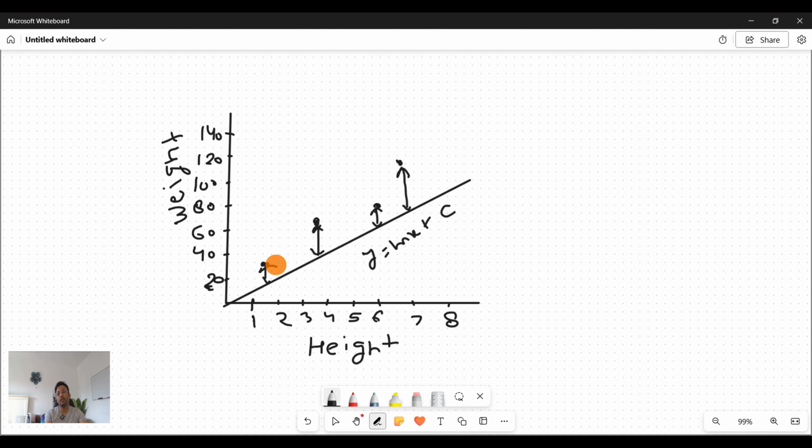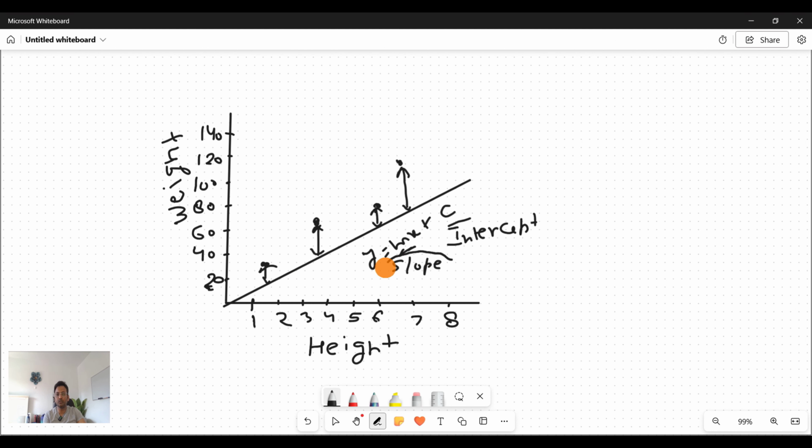As I said, to simplify this problem, we will keep our slope constant. We are not going to change the slope. We will change only the position of the line. We will move it up and down on the y-axis, so basically we will change the intercept. c is the intercept in this equation, and m is the slope.